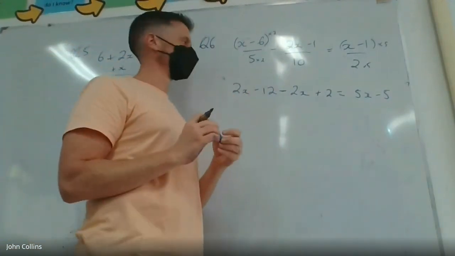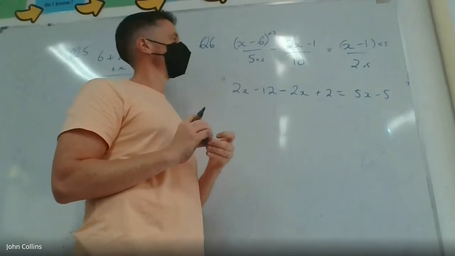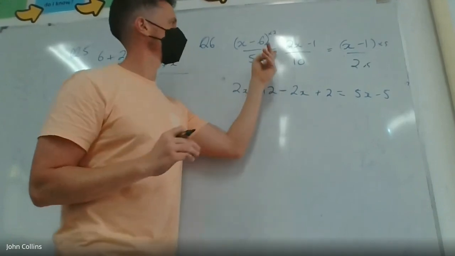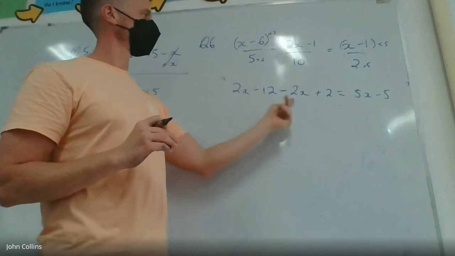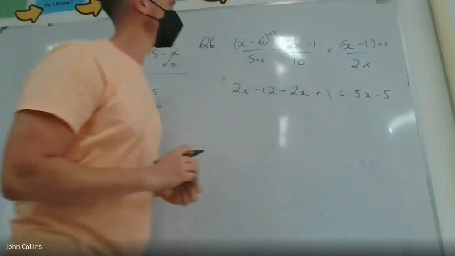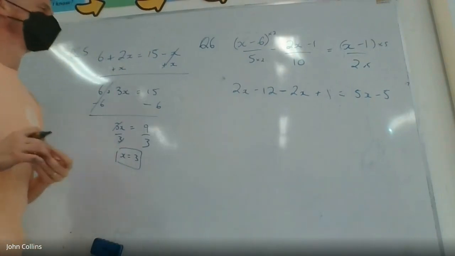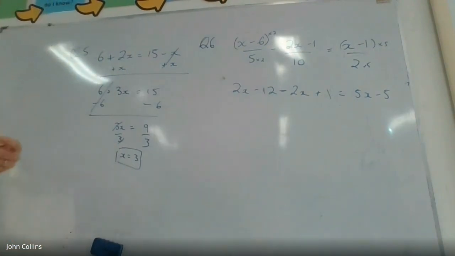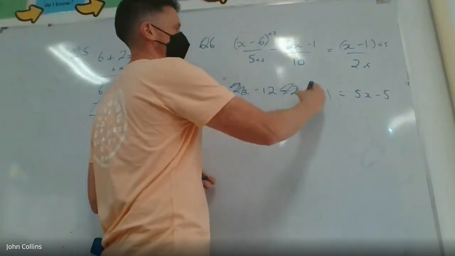You confused me, Jaden. I'll take it. Jaden confused me. I was right the first time. Minus 2x is minus 2x, but minus 1 is plus 1. That's what, sir, I was correct. You were right, yeah. You confused me, but you were right. All right, this still cancels out with this.